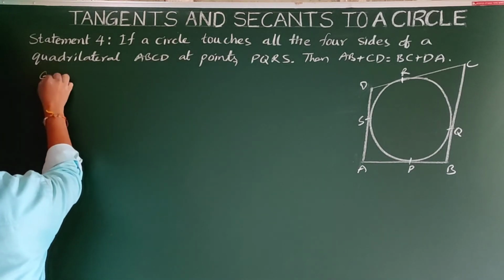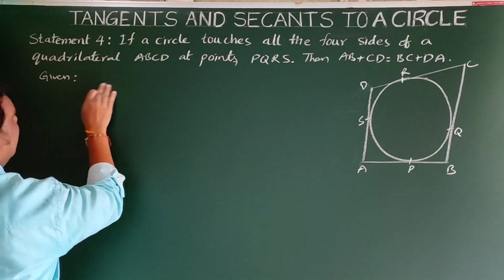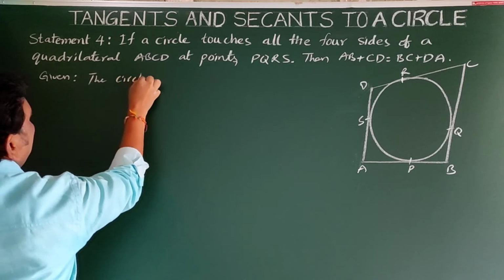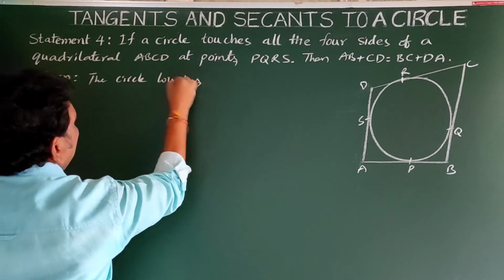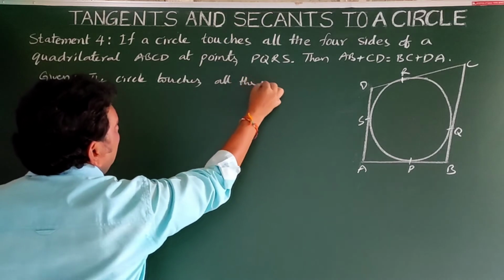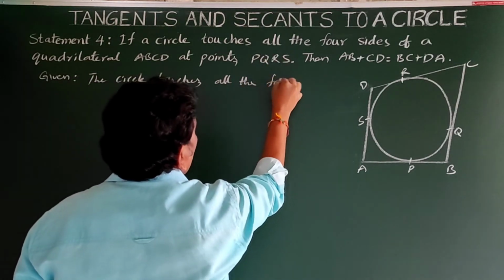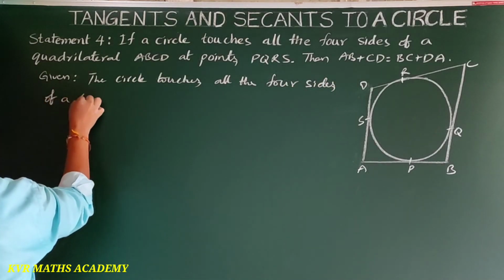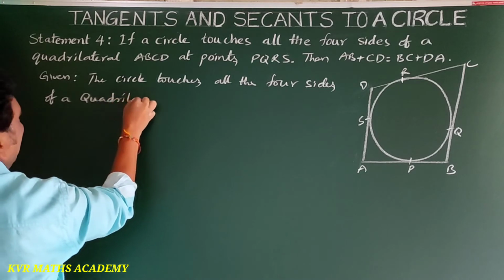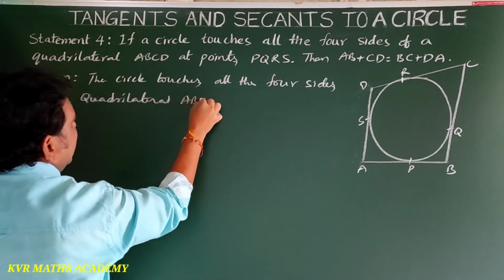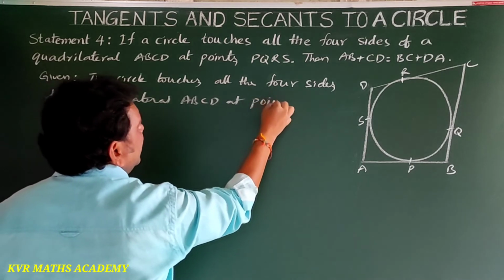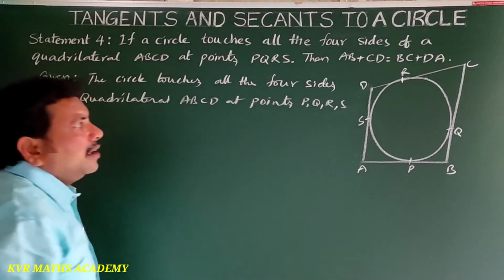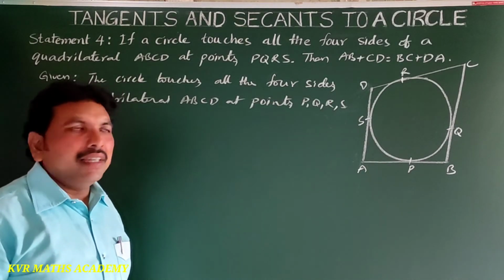First, given. What is given? The circle touches all the 4 sides of a quadrilateral ABCD at points P, Q, R, S, right?